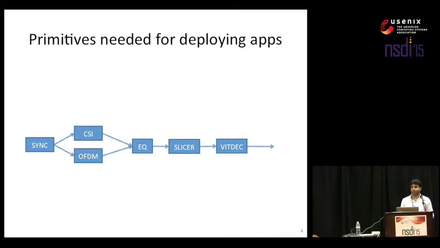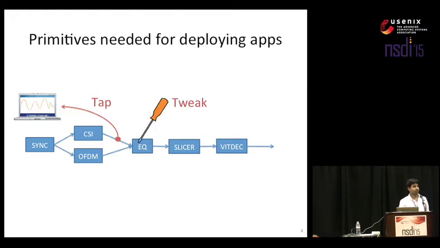Typically, most of the signal processing applications that we have been discussing require one of three kinds of modifications. They either need to tap the signal at the right point in the signal processing chain, or they require to tweak some signal processing block and adapt its functionality, or they would want to insert new blocks or remove existing blocks from the chain. Right?